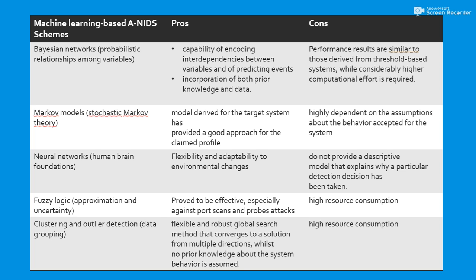Okay, this table represents the comparison of different machine learning based anomaly network intrusion detection schemes with their pros and cons. So first is Bayesian network, which is a model that encodes probabilistic relationships among variables of interest.